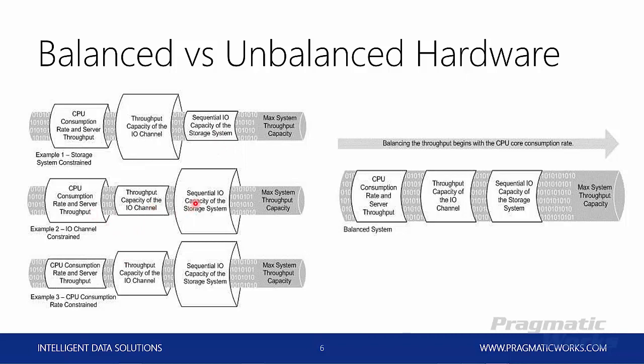Our IOPS, though, are really good for our storage system. Our max system is throughput capacity constrained. On this next one, we've got a CPU limitation, even though our throughput channel and our sequential IOs are a bit better. And in this case, we're maxed out by CPU. The idea is for us to find the right balancing act to be able to get all of our physical resources lined up so we can get the maximum system throughput capacity.